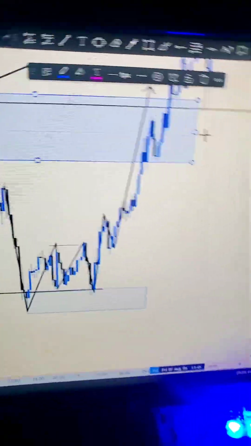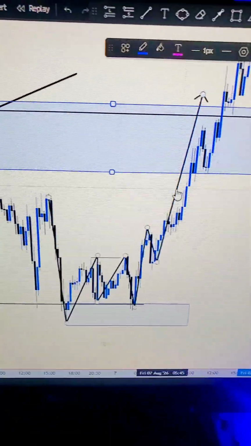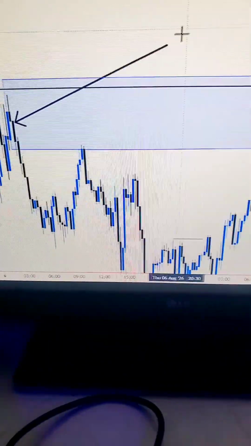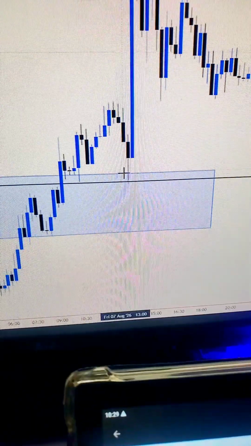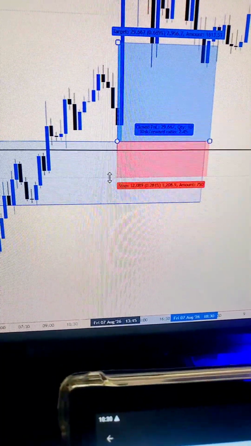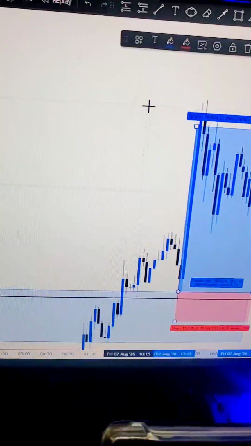This particular supply, you see, it failed, right? Now after that supply failed, see what happened? It came back to reclaim that particular supply. So that's why I say a QMC is a continuation chart pattern. This is gold, by the way, and this is the NFP. Well, your stop loss would have been slightly below this place and target realistic take profits, right?